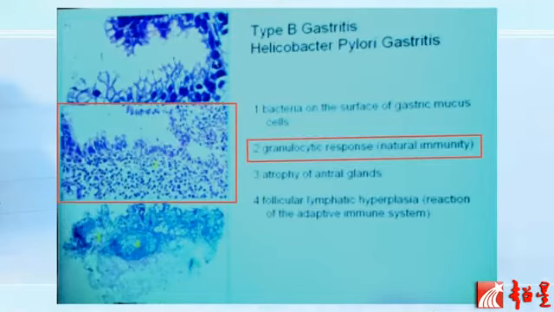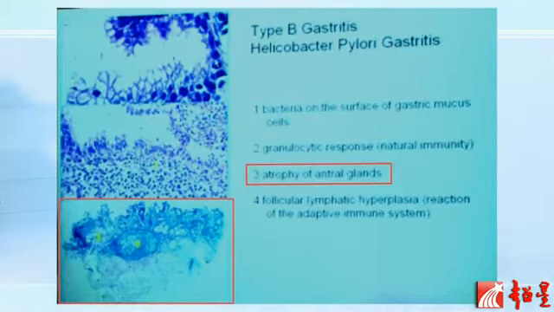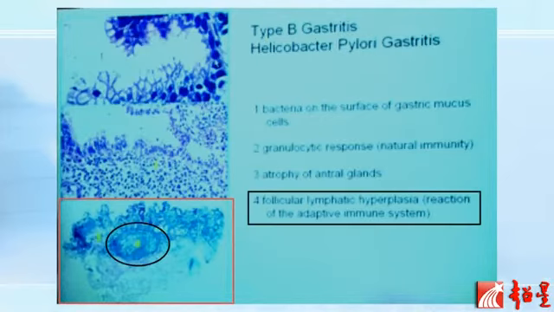And second, we can see the immune response. We can see many inflammatory cells here. And third, in this area we find atrophy of the antral glands. And here we find the lymph node. Here is follicular lymphatic hyperplasia. Many lymph cells make up this.